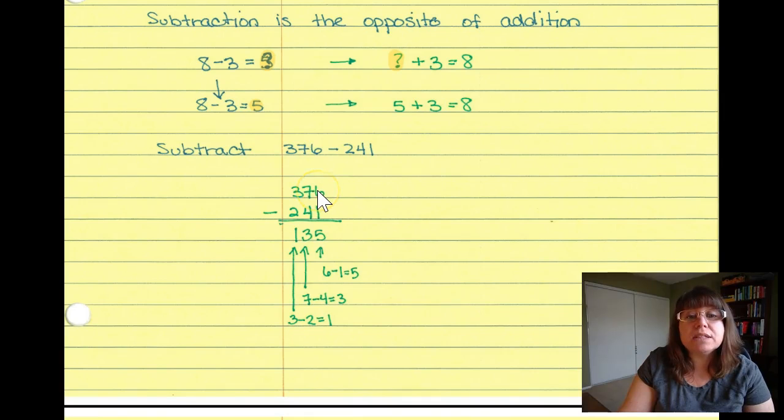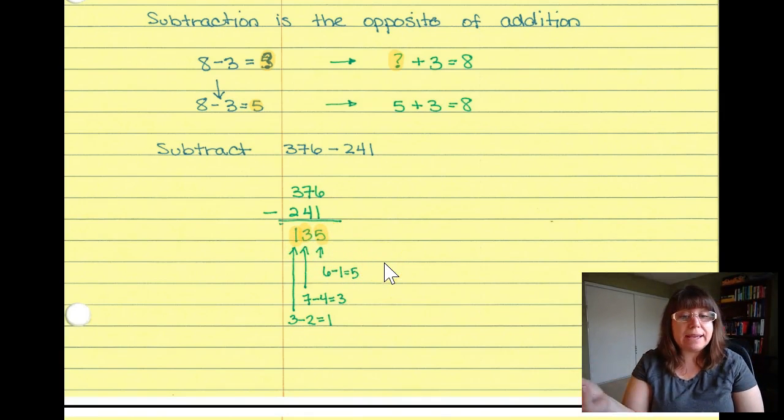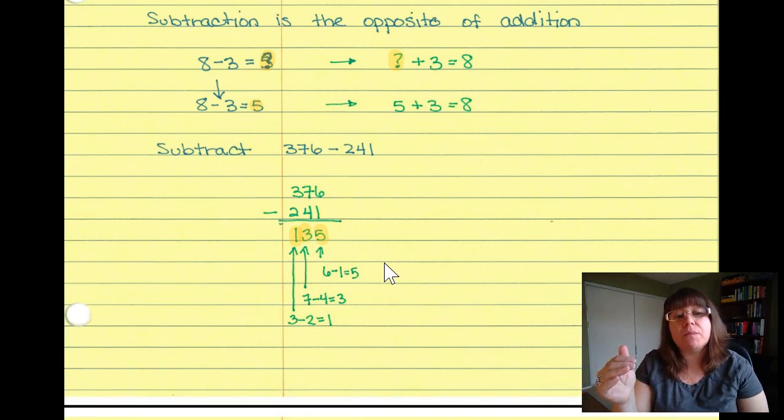And start with the ones column and work to the left. So 6 minus 1 equals 5. 7 minus 4 equals 3. And 3 minus 2 equals 1. So we take it step by step. Now this is great when the numbers on top are more than the numbers on the bottom. And we'll get to a little bit harder problem in a little bit.